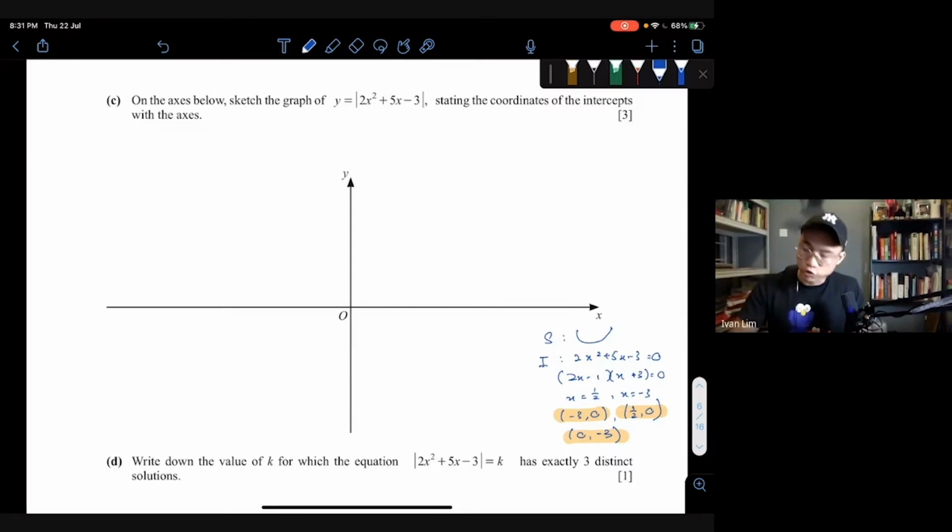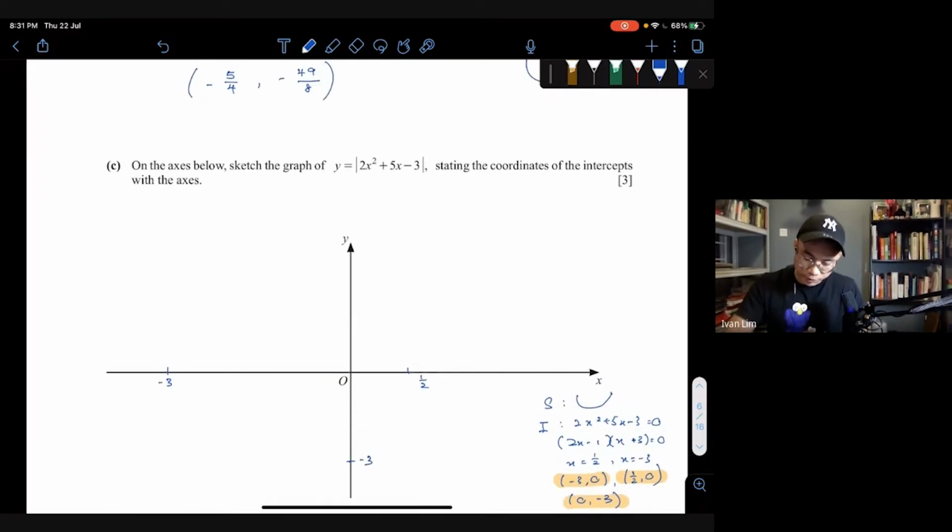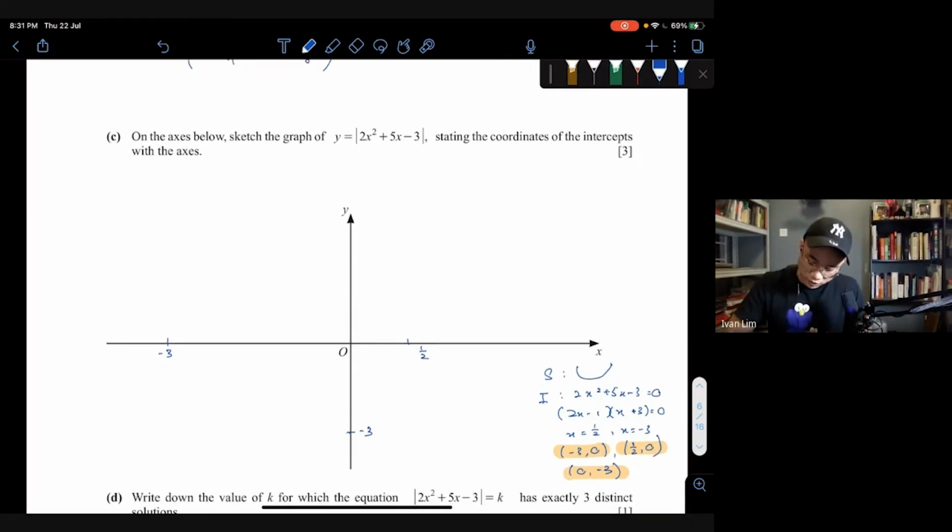So negative 3, let's put it here. My x-intercept half, over here. And then my y-intercept will be negative 3 also. And the minimum point that we found, negative 5 over 4, negative 49 over 8, will probably be somewhere here.